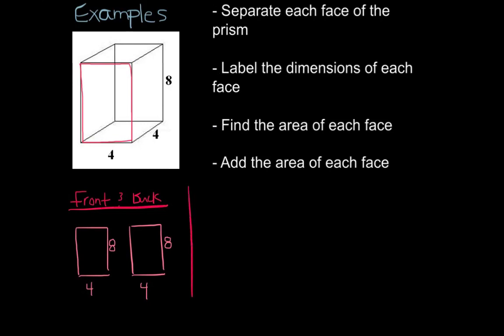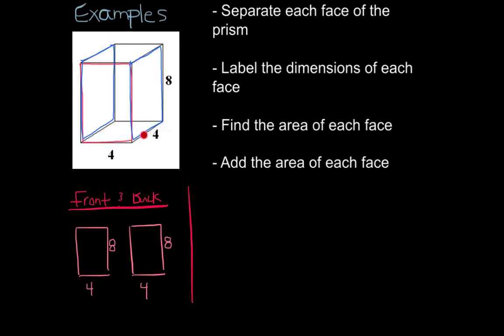Alright, so now we have the front and the back. Next, let's do the 2 sides, and I'm going to identify them here in blue. So here is the first side, and then here is the second side, and they're going to have congruent dimensions, and you can see that our base is 4 and our height is 8.